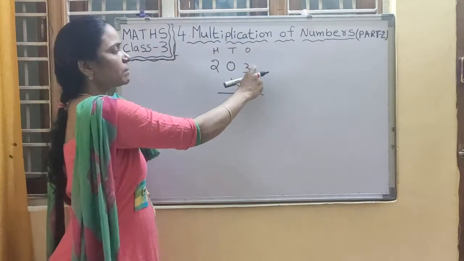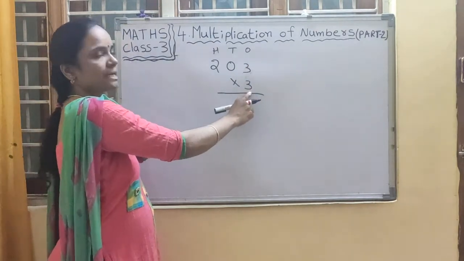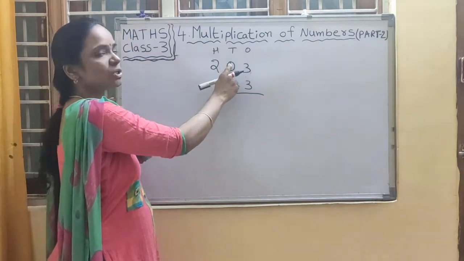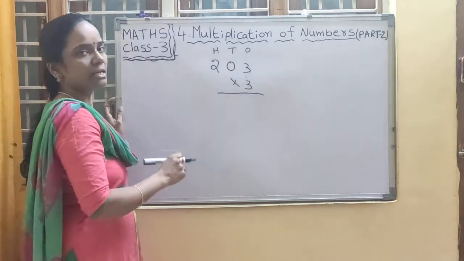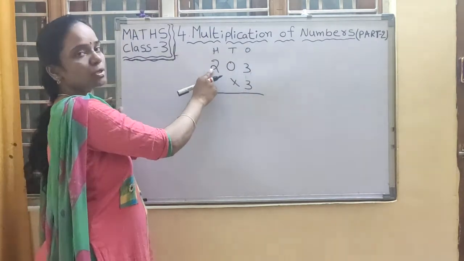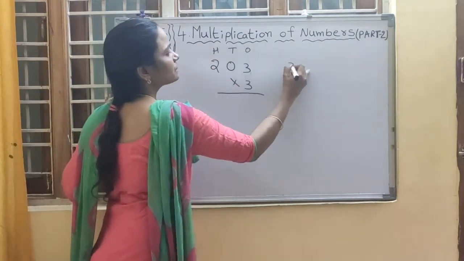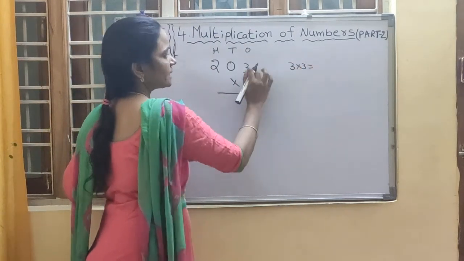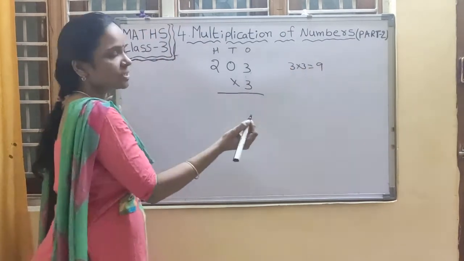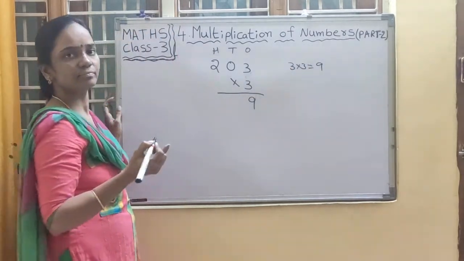First 3 should be multiplied by 3, and next the tens place digit should be multiplied by 3, and next 2 should be multiplied by 3. First 3 into 3. 3 threes are 9. So at the ones place write down 9.